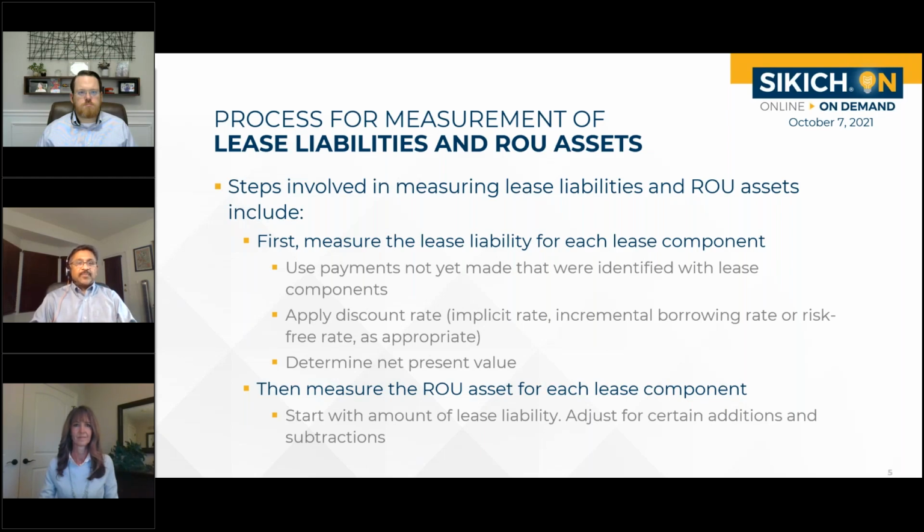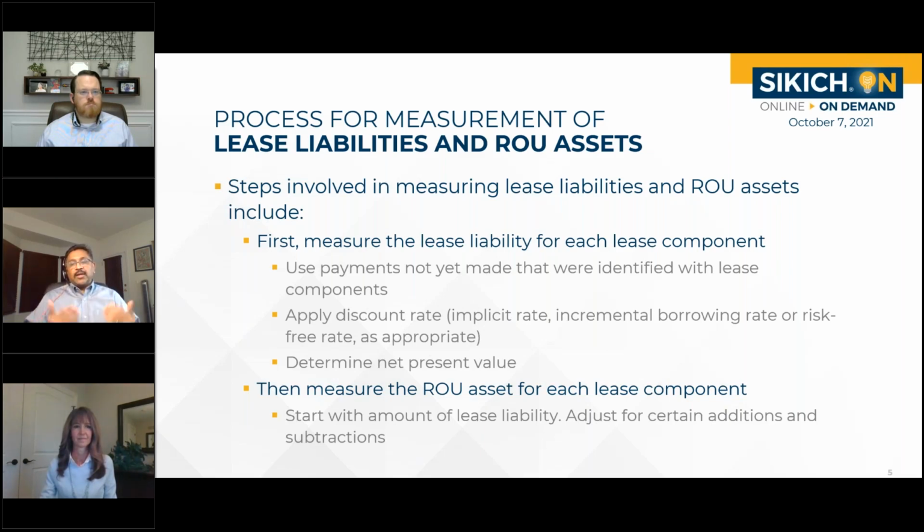All right, so let's review the process for measuring the lease liability and right-of-use asset. First, we have to measure the lease liability for each lease component based on the payments not yet made and calculate the net present value of the lease liability using the appropriate discount rate.